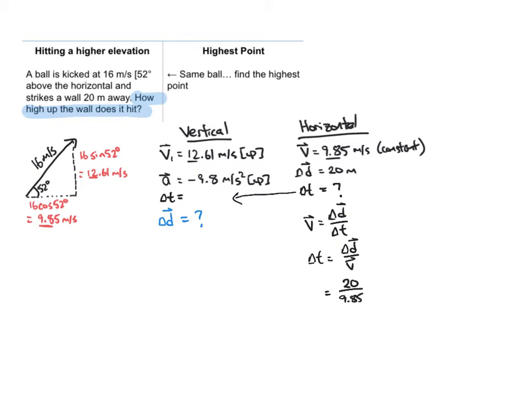That's the 2 sig figs. So that is 2.0 seconds I'm getting here, to 2 sig figs. So that is what I'm going to fill in onto the vertical side. Time is time. Whether you're talking about the horizontal or the vertical motion, the same amount of time passes.